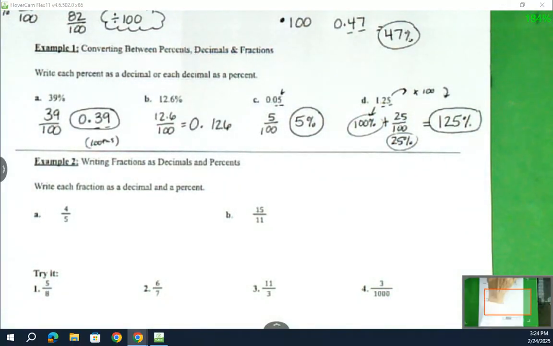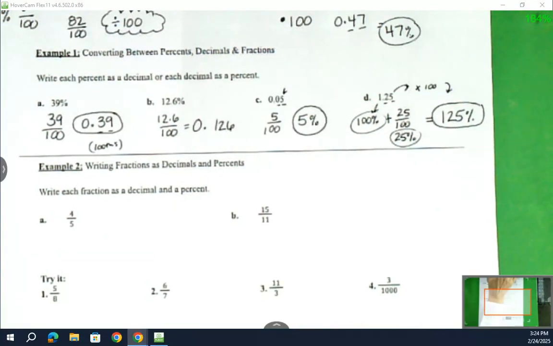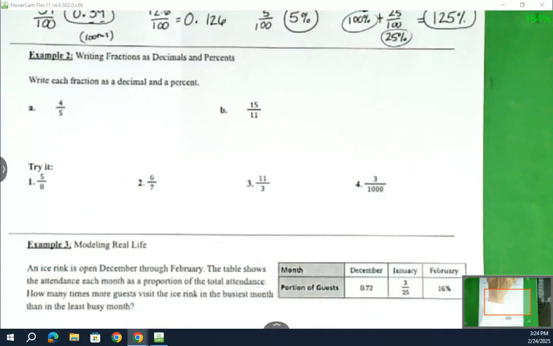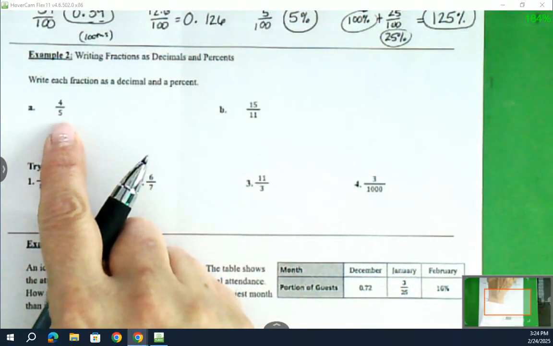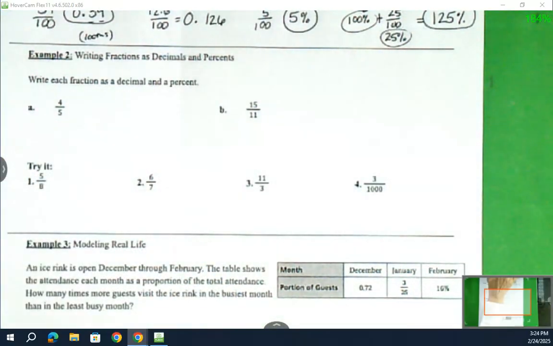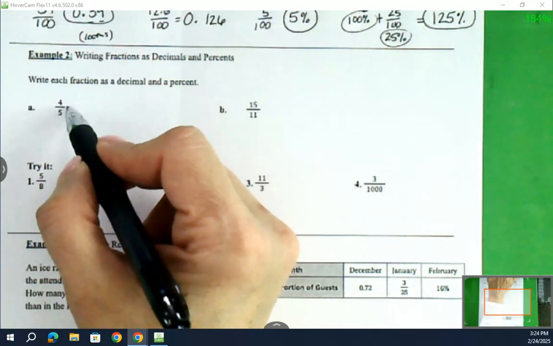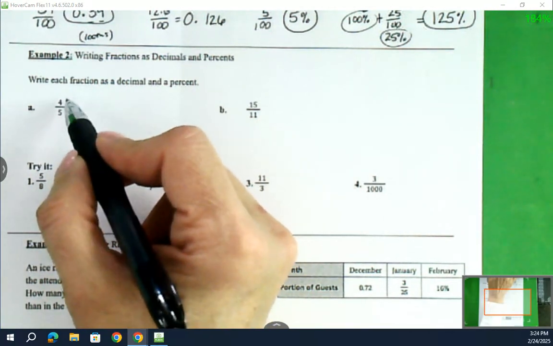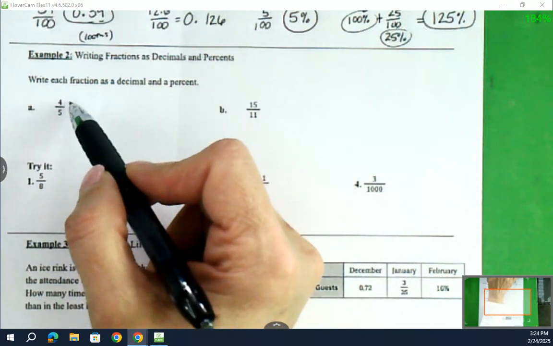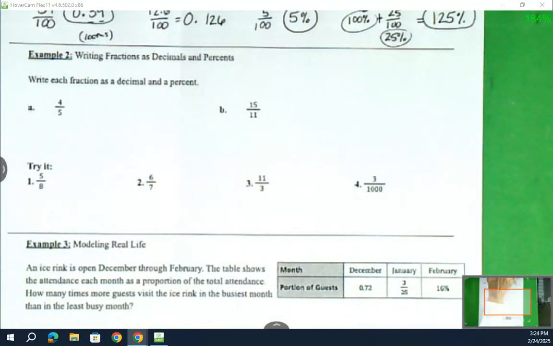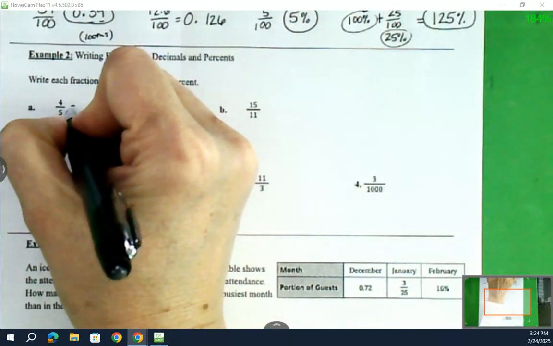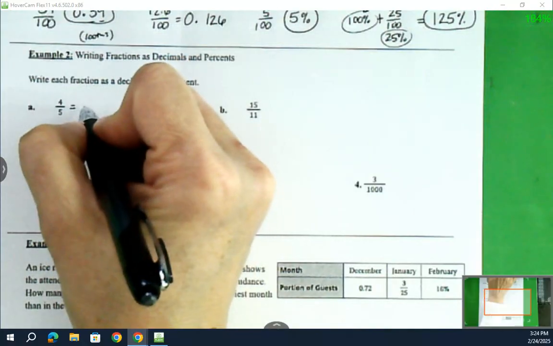Okay, in example number 2, we're looking at fractions and converting them to a decimal and then a percent. Remember that a fraction is a division problem. So for all of these, you could do numerator divided by denominator. So I could do a long division here, 4 divided by 5. Or if I want, I can just make it equivalent to out of 100.